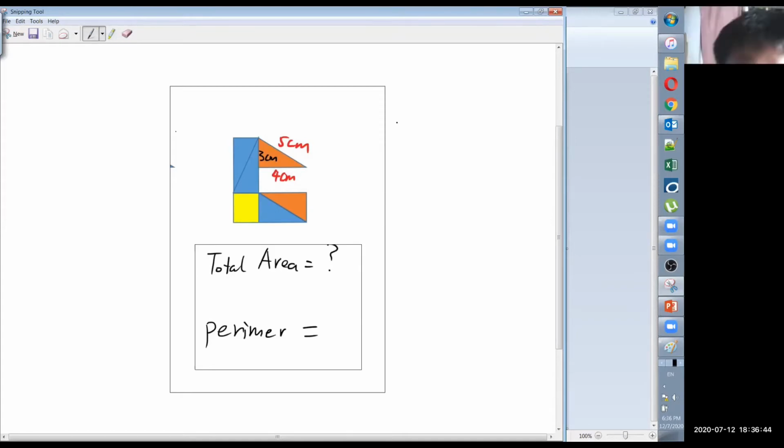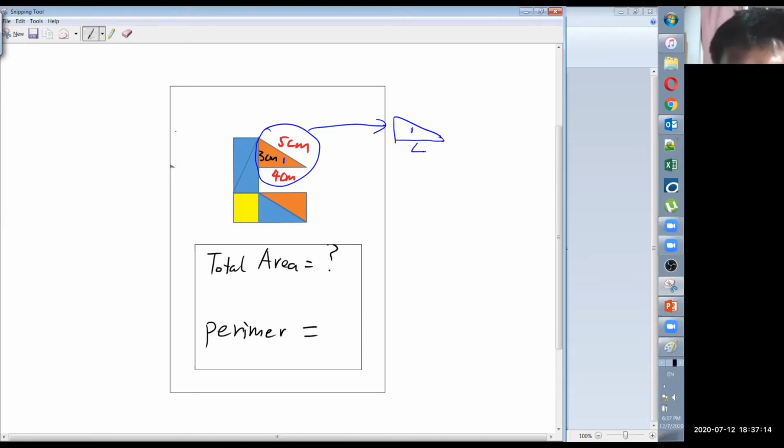So basically you have this triangle, right? I call it triangle 1. What's the base for this triangle? The base for this is 4.